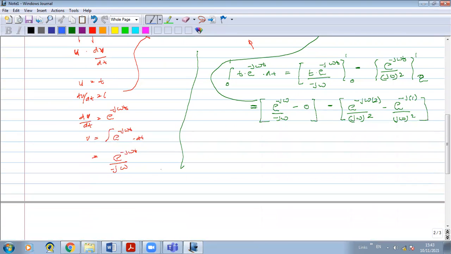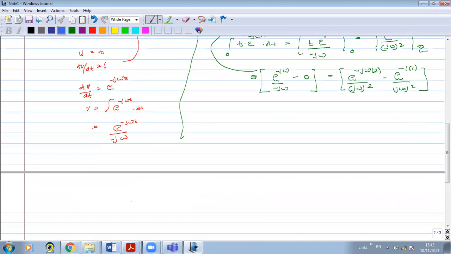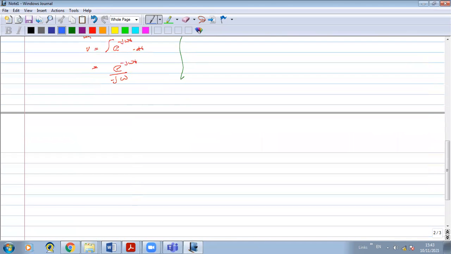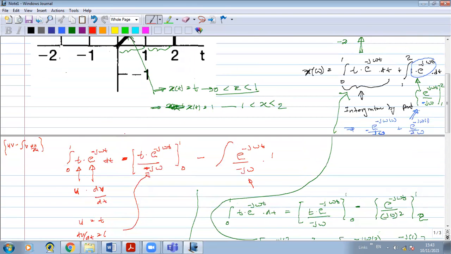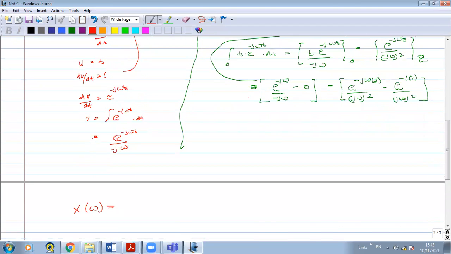So if I write the total integrated signal, that is X of omega, no? We have first this part: e to the power minus j omega over minus j omega, and 0. Another one we have e to the power minus j omega 2 over j omega squared.